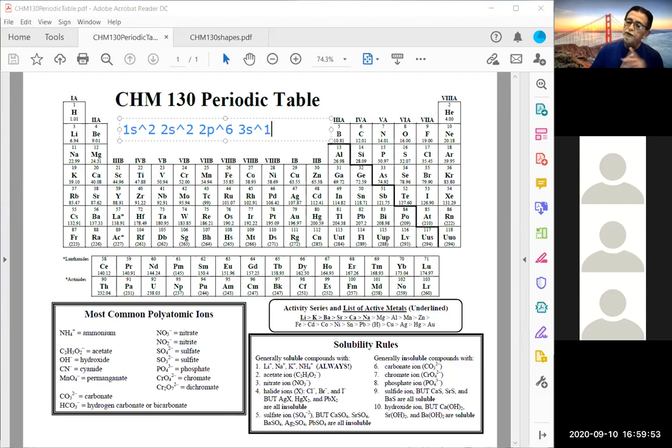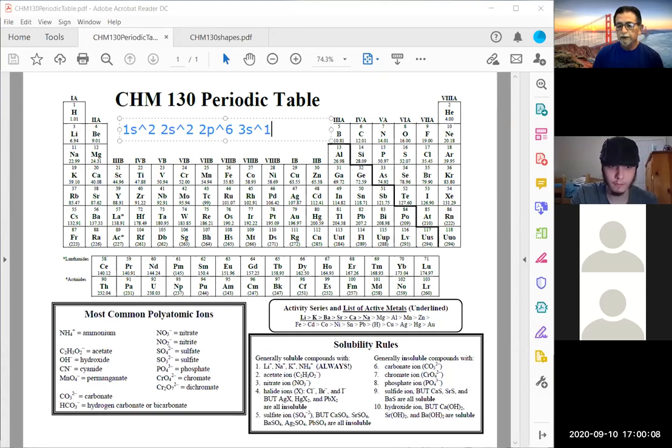Would you think sodium would find it easier to gain 7 electrons or to lose 1, from an energy perspective? What would you think? It'd be easier to lose 1. Exactly. Remember, Mother Nature is going to take the easy route. So sodium wants to lose that 1 electron sitting in the outermost shell. Much easier than gaining 7 electrons.